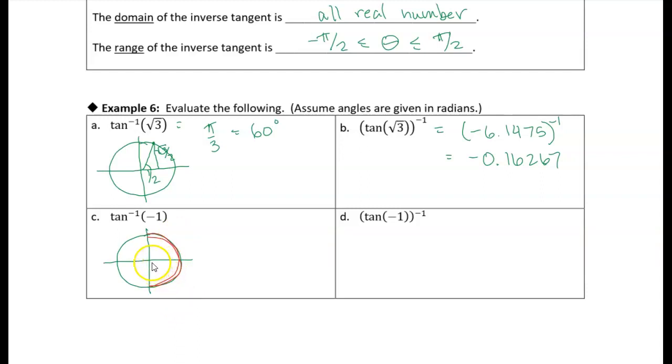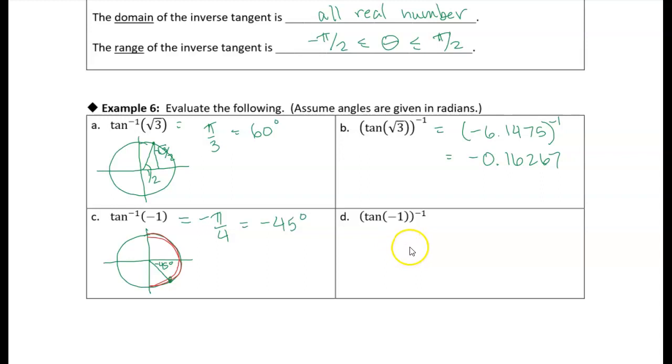And I know a tangent value of 1 is 45 degrees, so a tangent of a -1 has to be down here at -45 degrees, right? And so that corresponds to an angle of minus pi over 4, which is -45 degrees.